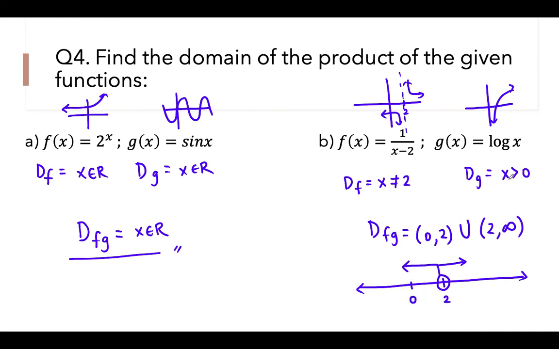But for the second graph, x has to be greater than 0. So it's going to be an open circle, and it goes this way, right? So where do they intersect? They intersect in between 0 and 2, and 2 and beyond. So this will be my final answer.